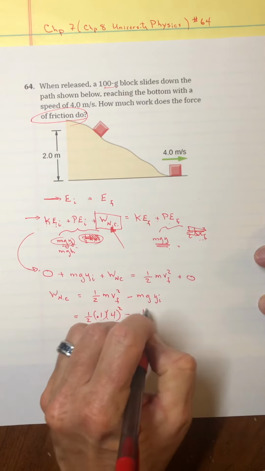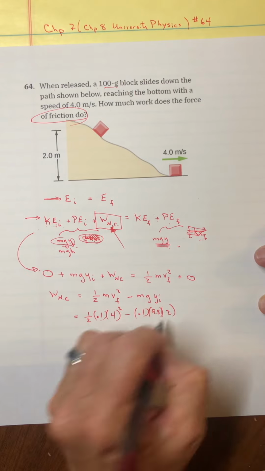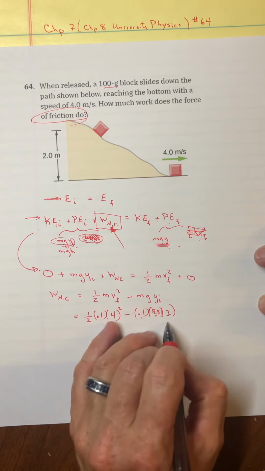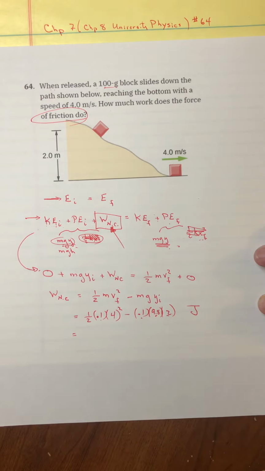And then I would have, again, the mass, and g is 9.8, and the initial height is 2 meters. And again, kilogram, meter, and then meters squared over second squared. So all of this is in units of joules.